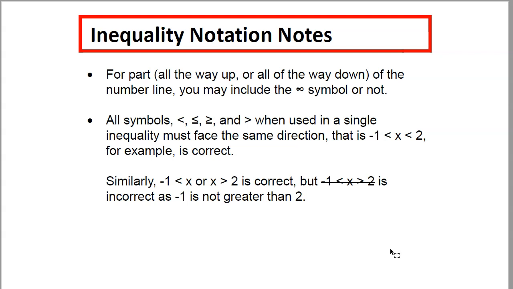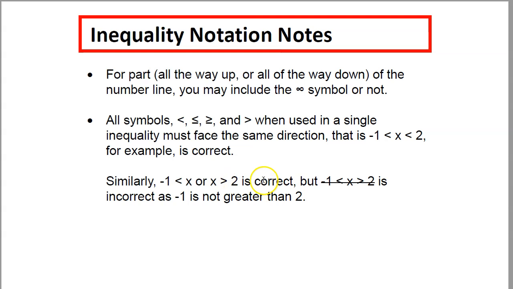And all the symbols less than or equal to, greater than or equal to, and greater than that we used in single inequality must face the same direction. So that's, for example, -1 is less than x is less than 2. That's correct. Similarly, you could write -1 is less than x or x is greater than 2.